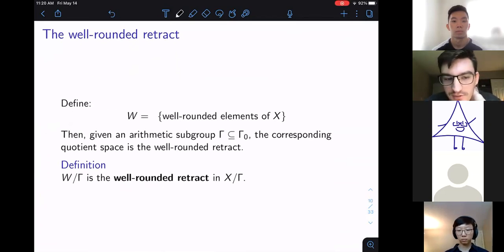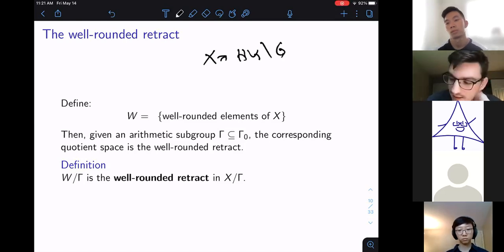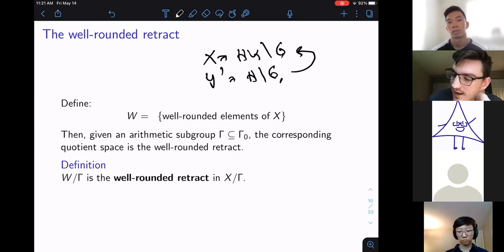So the well-rounded retract, W, is defined to be the set of well-rounded elements in X. So remember X is G mod K, and we have our marked lattices, H mod G. You go from here to here by quotienting out by K. So inside X, you have a K coset representative, which is represented by some marked lattice.